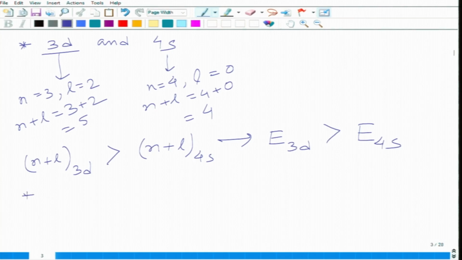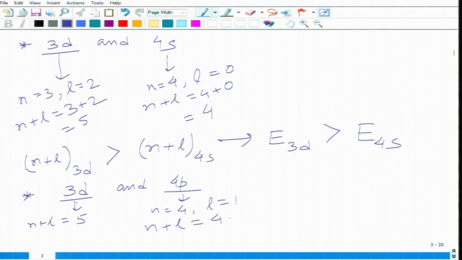Now, if we consider 3D and 4P. So, for 3D, n+L was 5. Now, for 4P, n equal to 4 and L equal to 1. So, n+L will be 4 plus 1, that is 5. Now, both of them have n+L as 5.